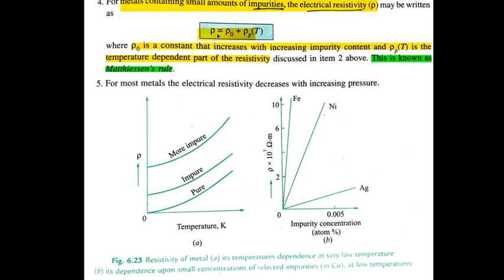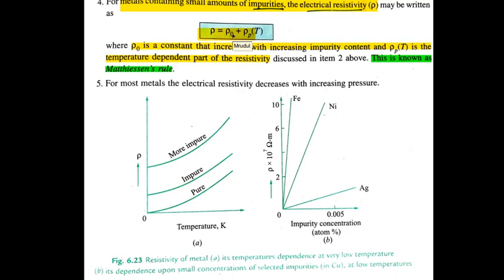Rho is considered to be the resistivity, the inverse of sigma, and the very first term is rho 0, which is referred to as the residual resistivity, and it is independent of temperature. So it is a constant and it increases only with impurity. By chance, let us think about an alloy and so on. When you add some impurity to your metal, then the rho has to change.